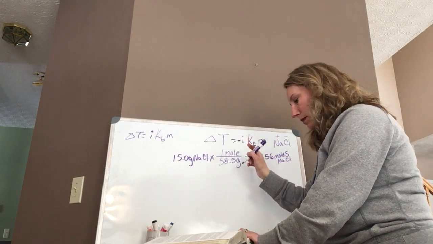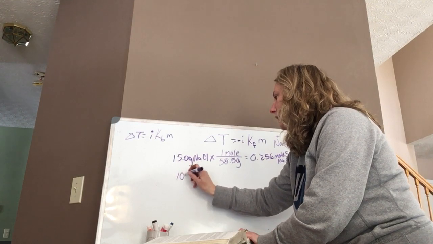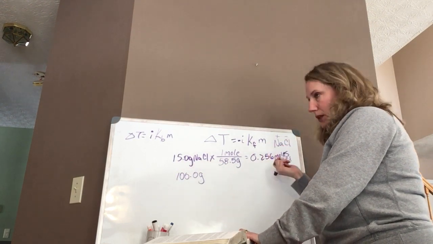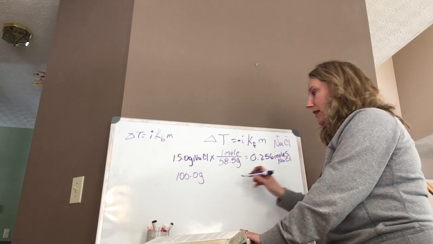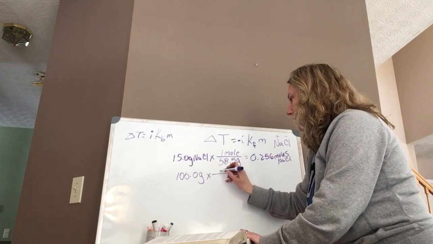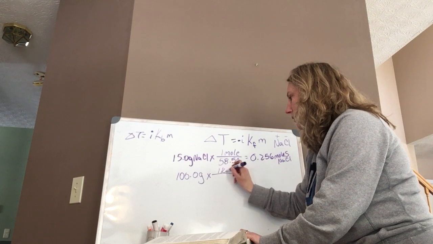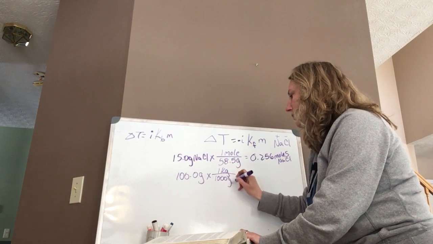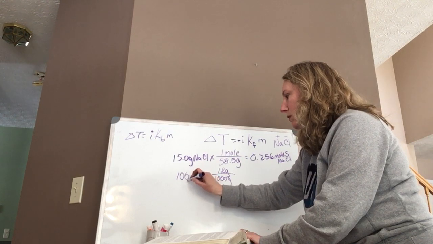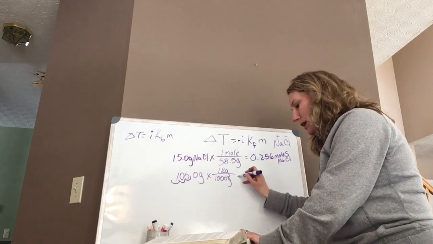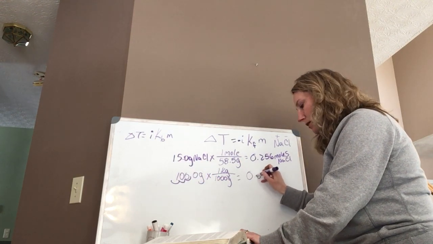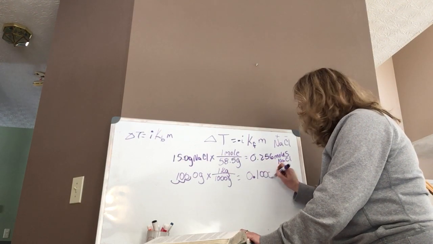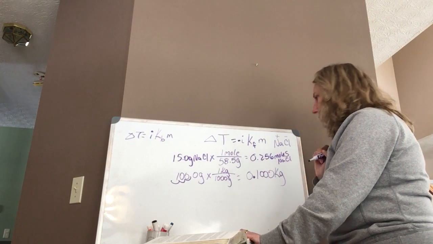They told us in the problem that we have 100.0 grams of water, but we need to know how many kilograms of water. If you can do that in your head, that's fine. If you can't, know that in 1 kilogram, there are 1,000 grams, which means I move my decimal place over 1, 2, 3 places. So that means I have 0.1000 kilograms of water.